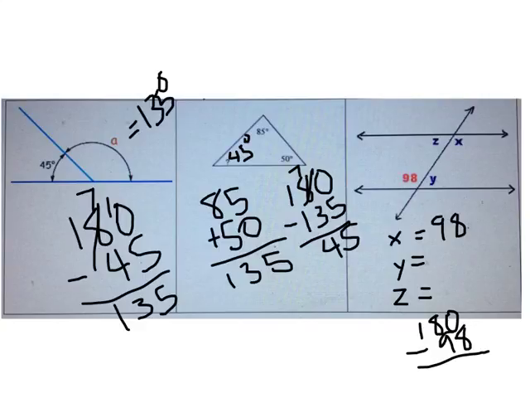What's 180 minus 98? It's 82. If angle Y is 82 degrees, then angle Z must also be 82 degrees because they're alternate interior angles.